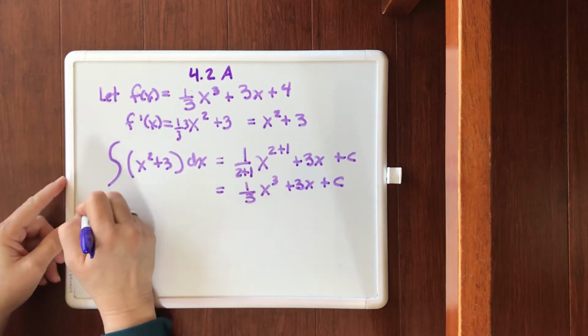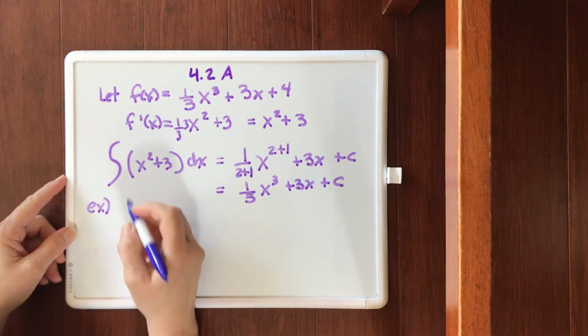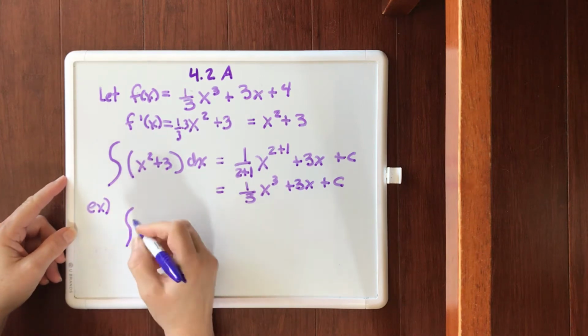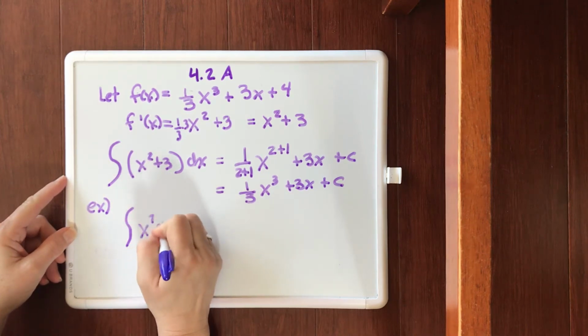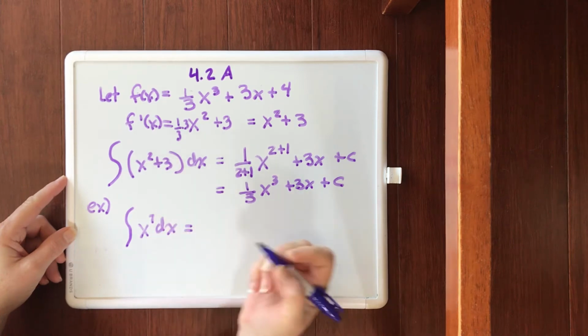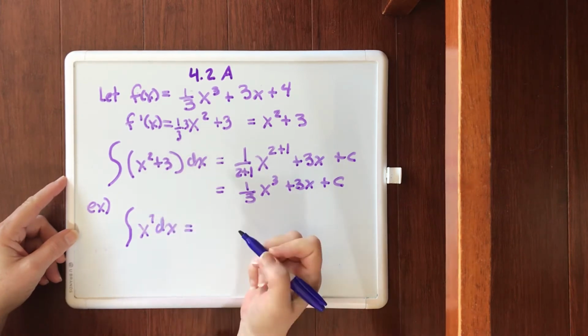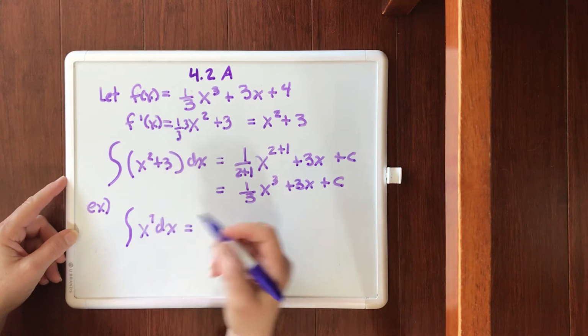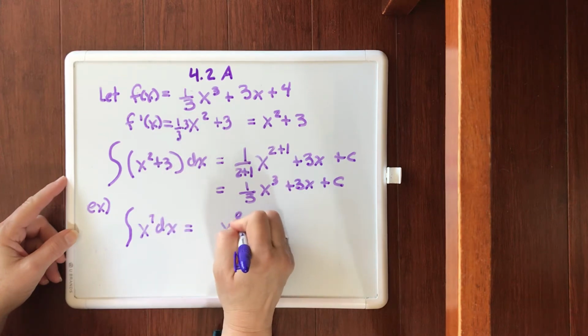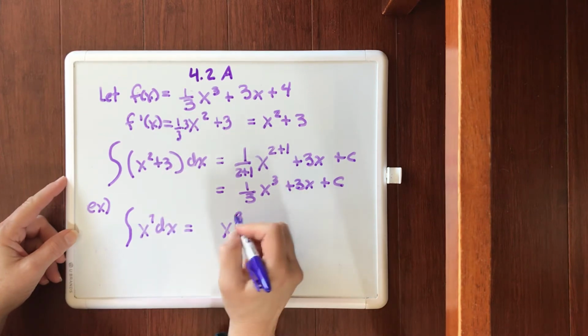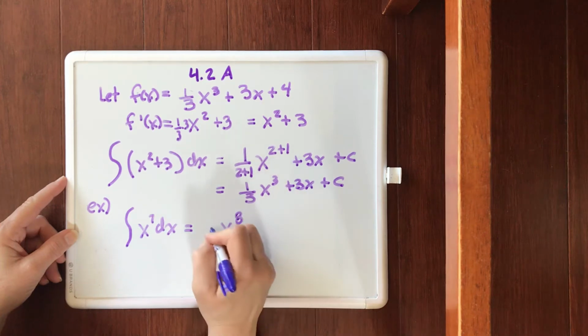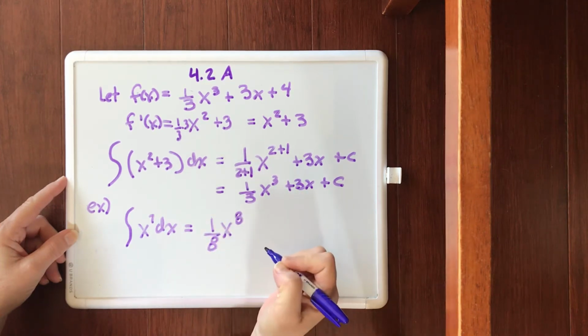Now that we've done some problems, we can go a little bit quicker with our work. If we integrate x to the 7 dx, well, we know we're going to add 1 to the 7. So we get x to the 8. We know we're going to divide by what we added here. We got 8, so it's 1/8 plus c.